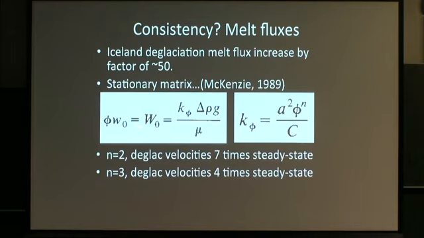If you couple them through Darcy's law and this sort of permeability relationship, then you'd expect that during this deglacial burst of activity, the vertical melt velocities would be higher, depending on the value of this exponent, by a factor of somewhere between 7 and 4.